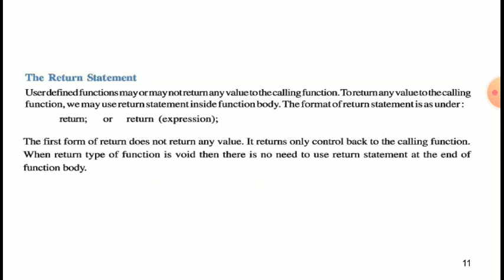The format of the return statement is as follows: return or return expression. The first form of return does not return any value. It returns only control back to the calling function. When the return type of a function is void, there is no need to use a return statement at the end of the function body.